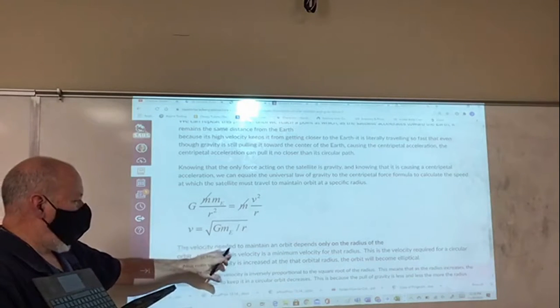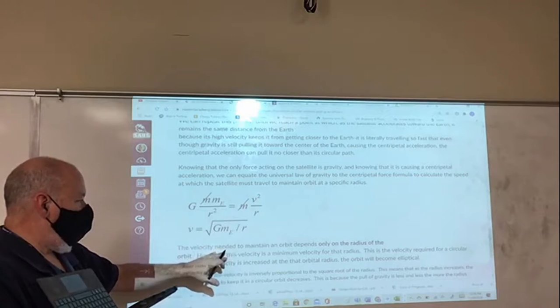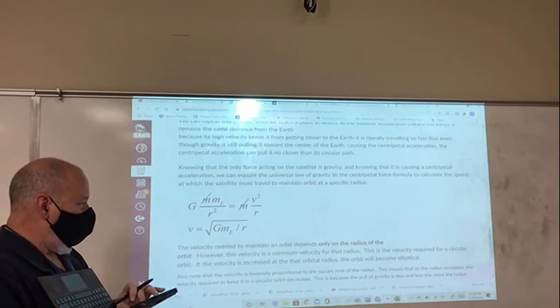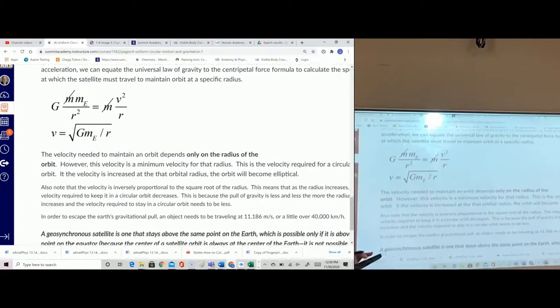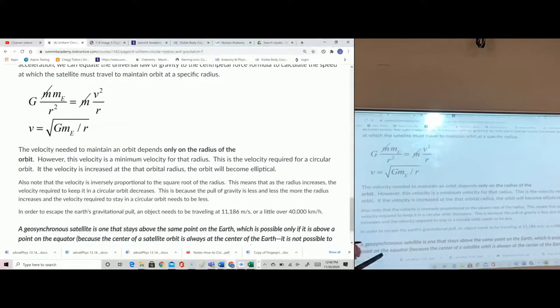We said that the minimum velocity needed to maintain an orbit depends only on the radius. However, this velocity is a minimum for that radius, and that's not something that was in your notes.